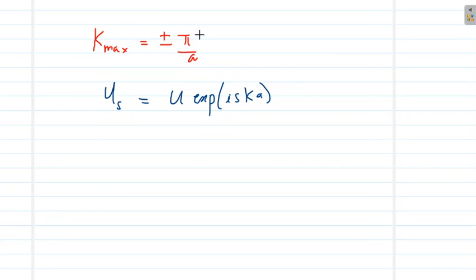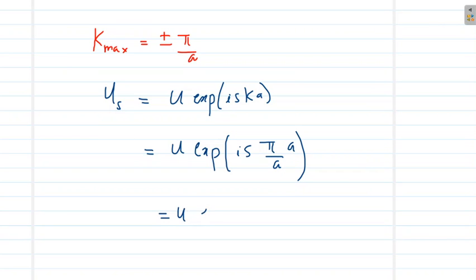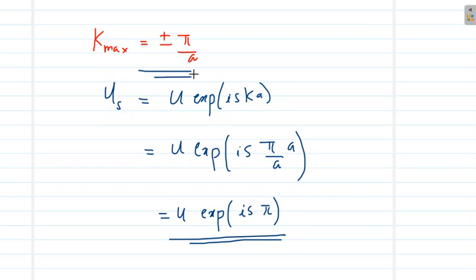So if k is plus or minus pi by a, at the zone boundaries it will be equal to u into exponential i into s into pi by a into a, which is equal to u into exponential i s pi. So this is the displacement of each of the planes, the s plane at the zone boundaries when wave vector is equal to plus or minus pi by a.